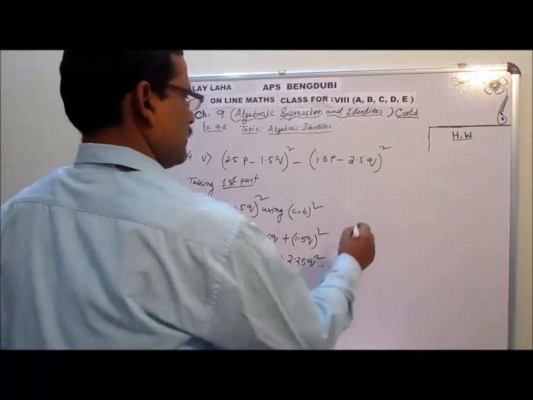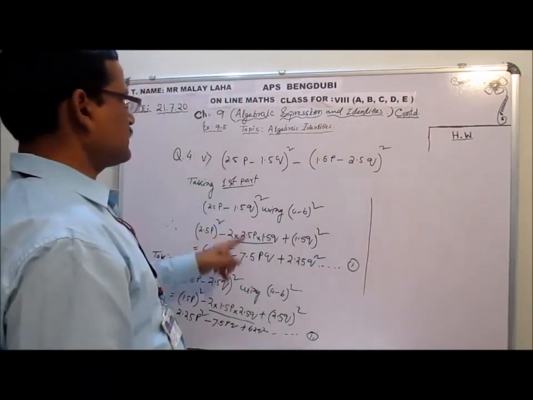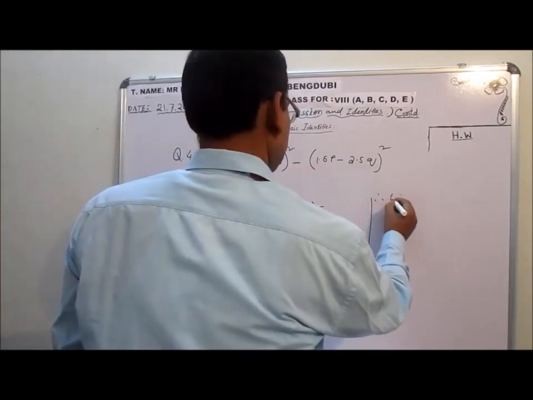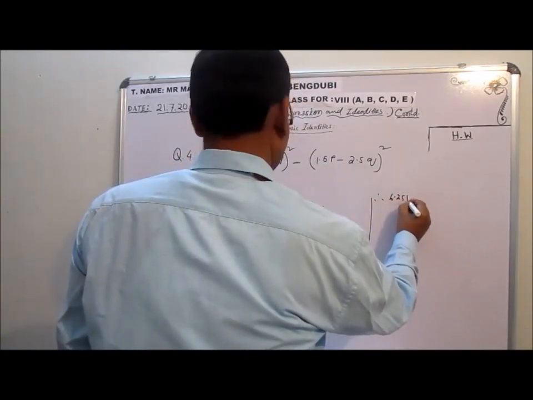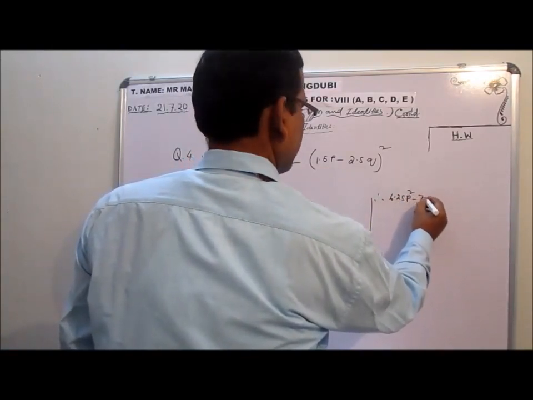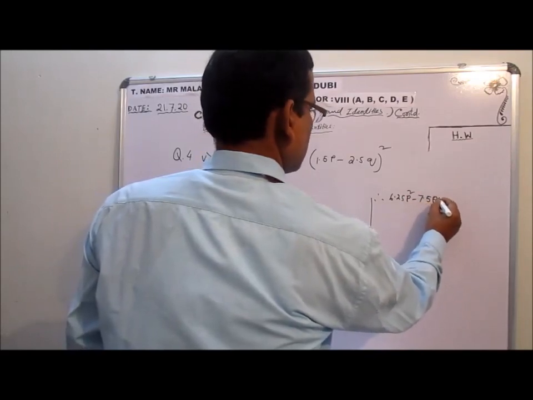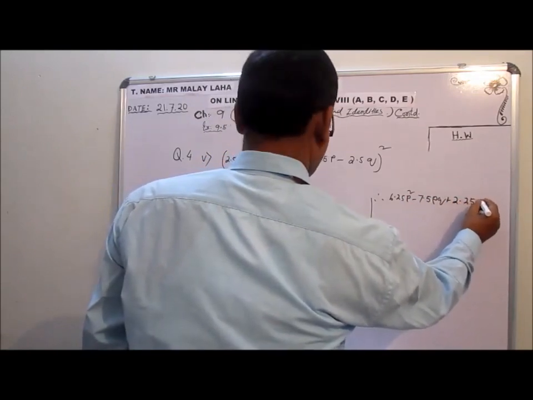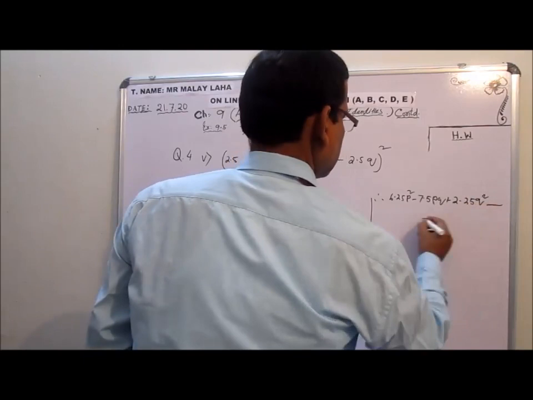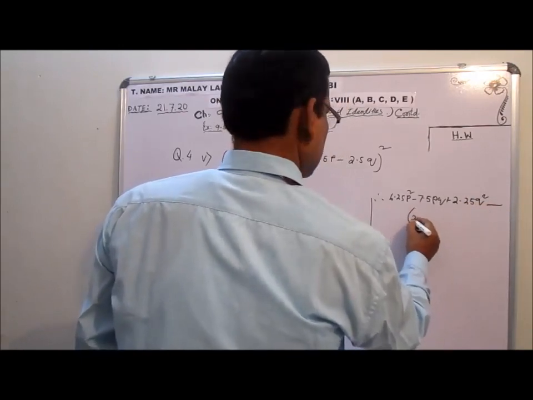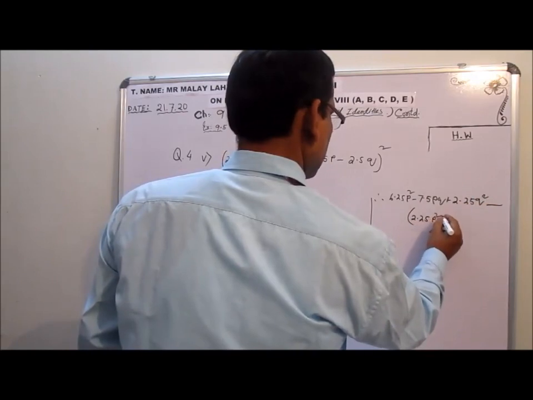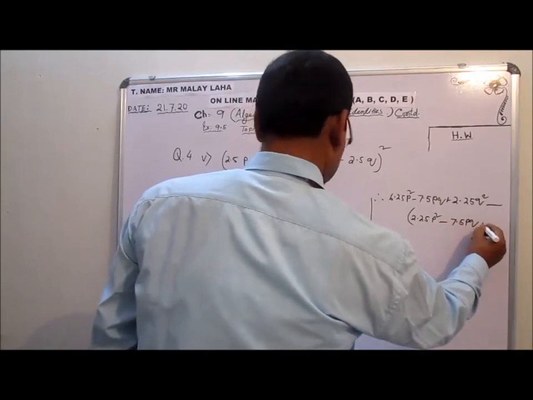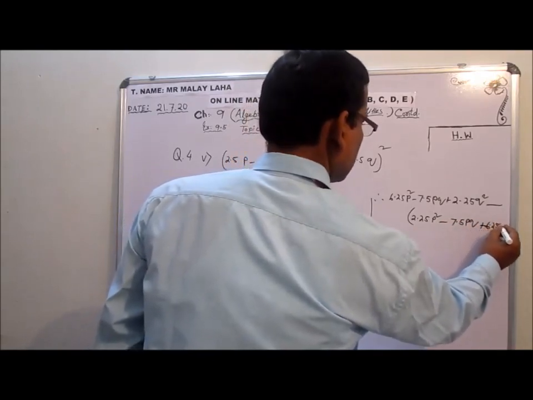Now what will we do? First answer minus second answer. So the first answer we write down: 6.25 p square minus 7.5 pq plus 2.25 q square, minus, in brackets you write down the second answer, 2.25 p square minus 7.5 pq plus 6.25 q square.